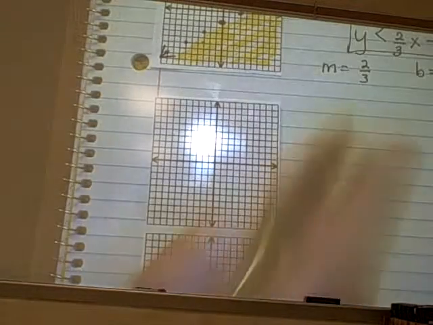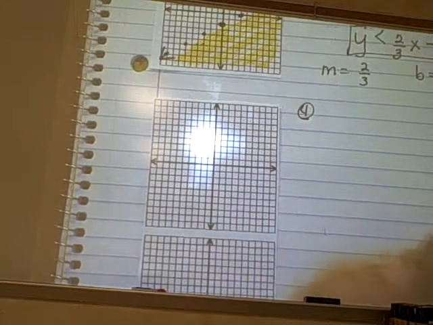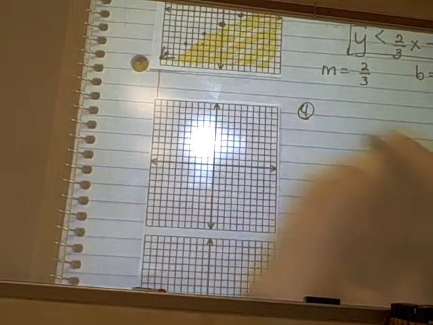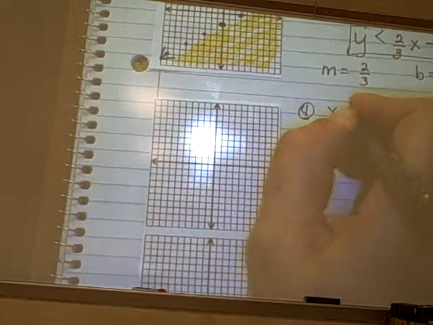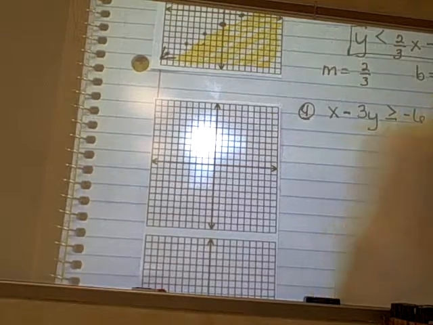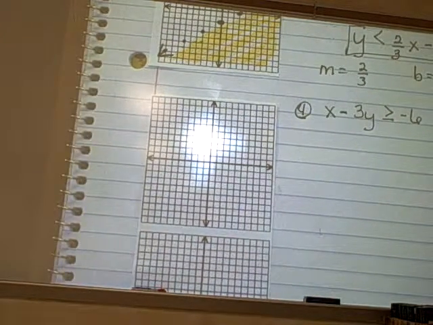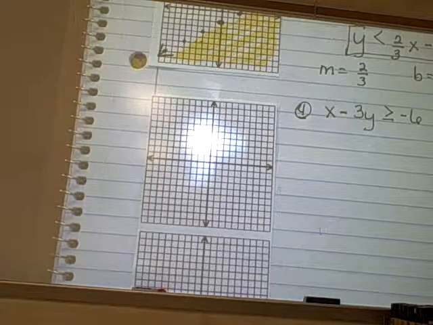Okay, I think we'll just do these last two and not use that last graph. Okay, so what about x minus 3y is greater than or equal to negative 6?